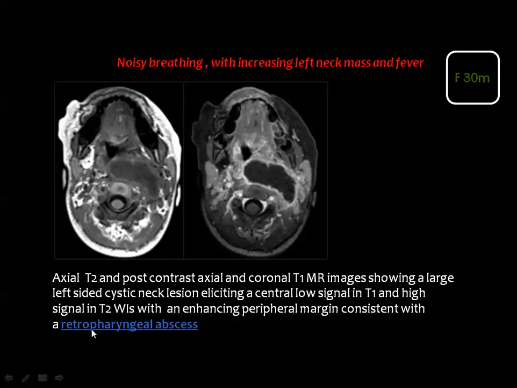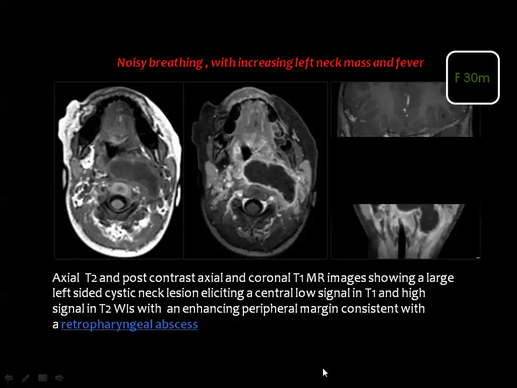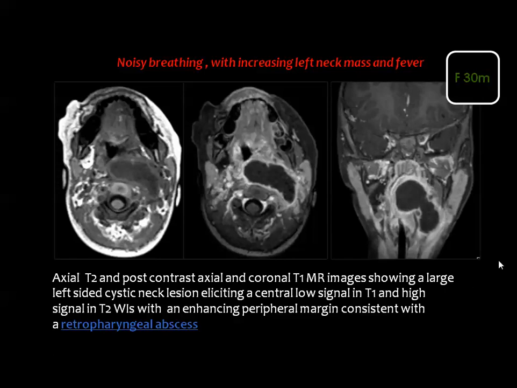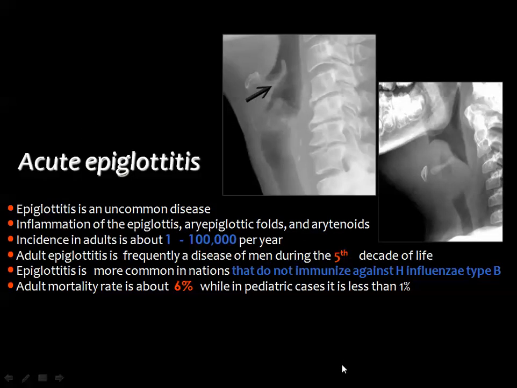And this is a parapharyngeal abscess by MRI T1, before and after contrast injection. You see a big abscess which is extending into the retropharyngeal area, and it is also intimately related to the carotid space. And this is the coronal image showing beautifully the extent of the abscess in the parapharyngeal area.